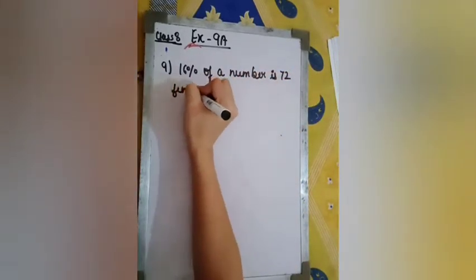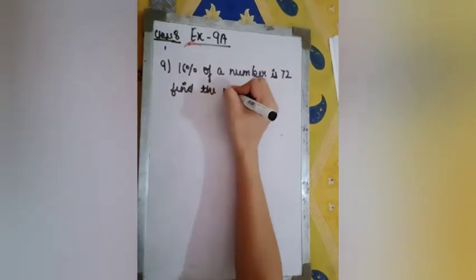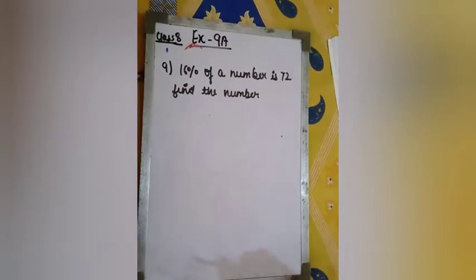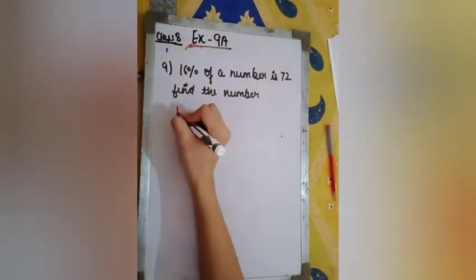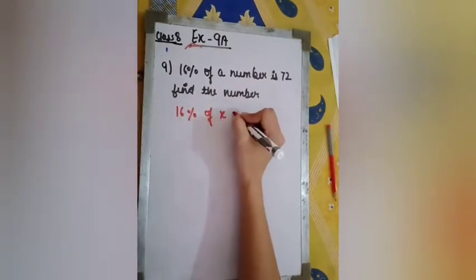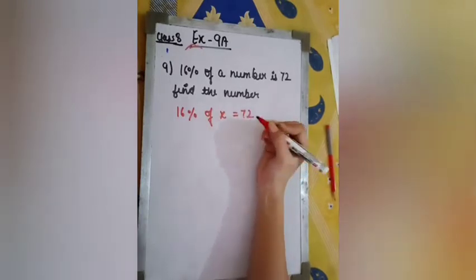Find the number. किसी नंबर का 16%. Okay, that means 16% of a number x. We don't know the number and we have to find this x.